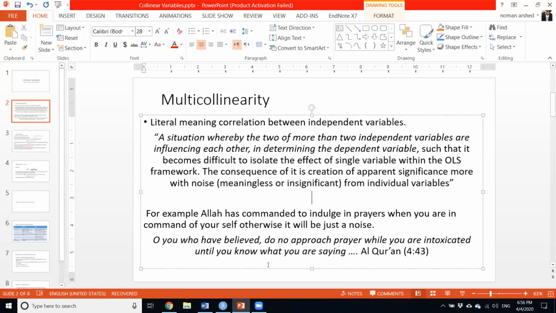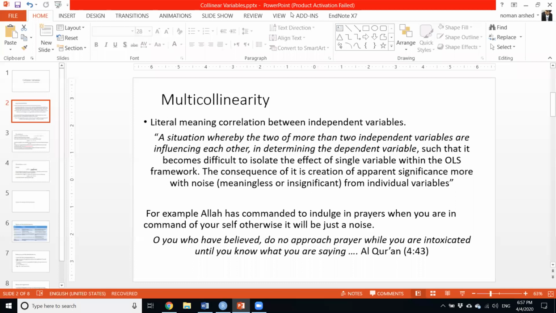For that function to be performed well, you need to make sure you are not influenced by other things, meaning intoxication. So Allah has commanded to engage in prayers when you are in command of yourself. Otherwise, it will be noise. This way we define the concept of multicollinearity.